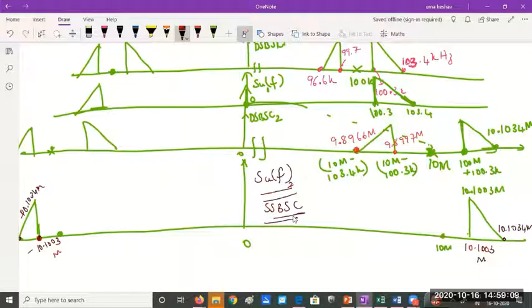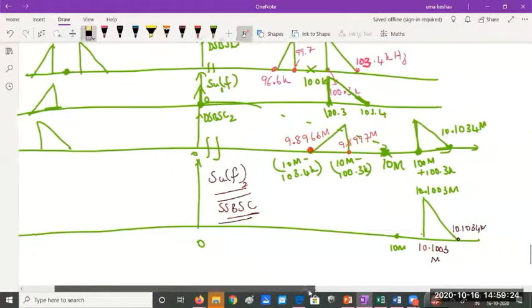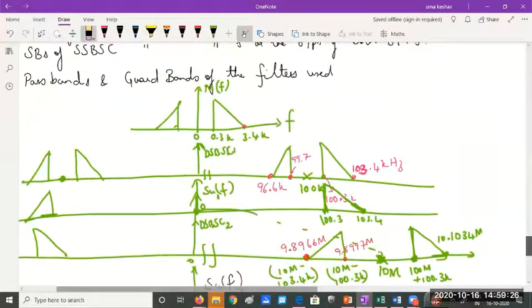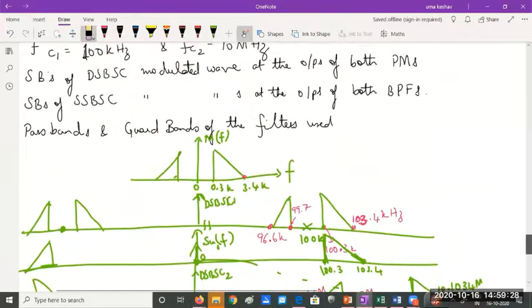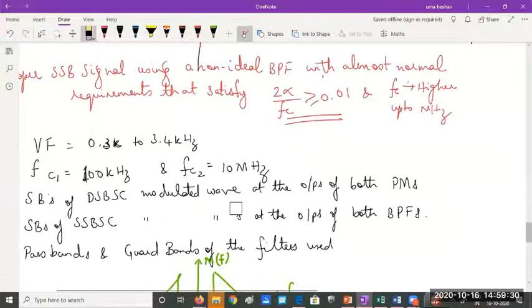Is that clear? So now please answer all the questions. What are the questions given there? You are supposed to find the sidebands of the DSB-SC modulated wave at the output of both the product modulators.